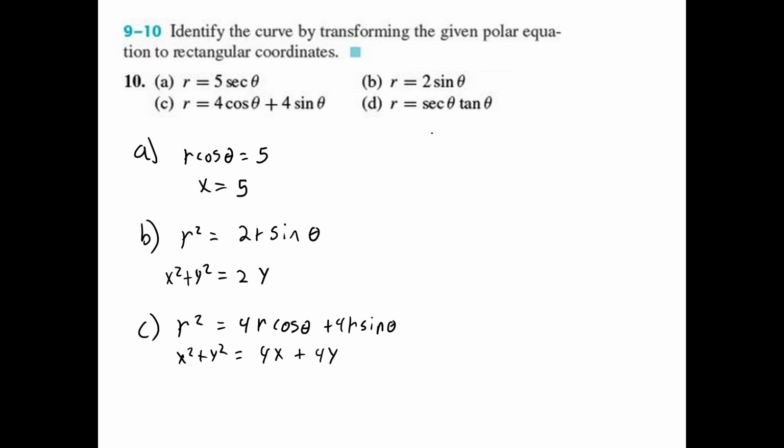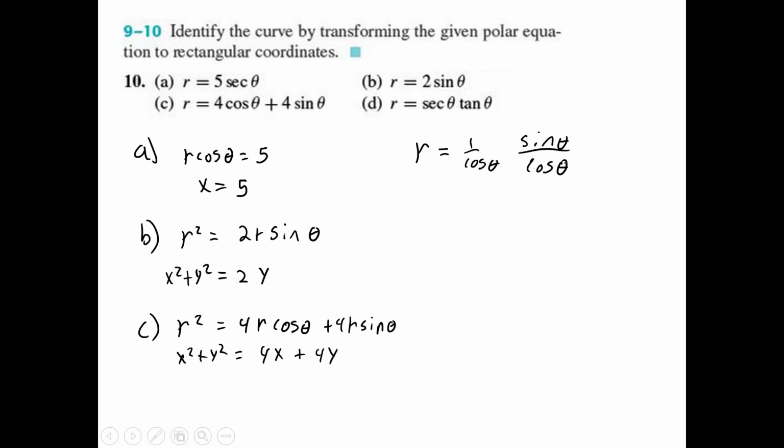For D, we can multiply both sides by r as we've seen before. r is equal to 1 over the cosine of theta, sine of theta over the cosine of theta.